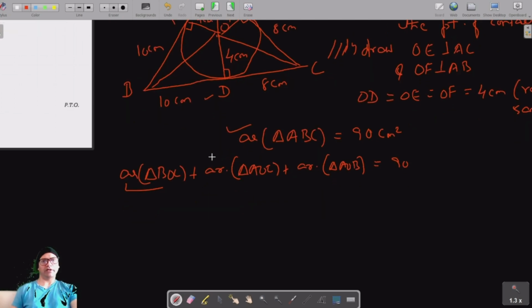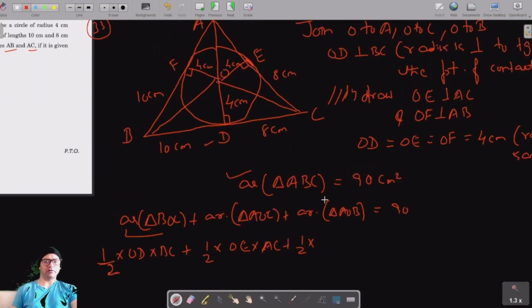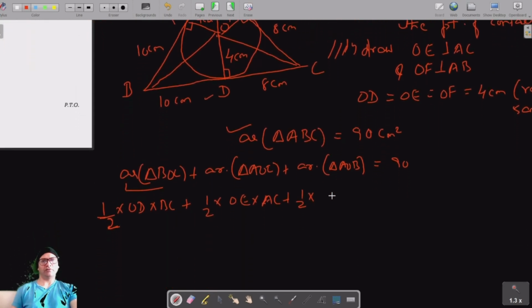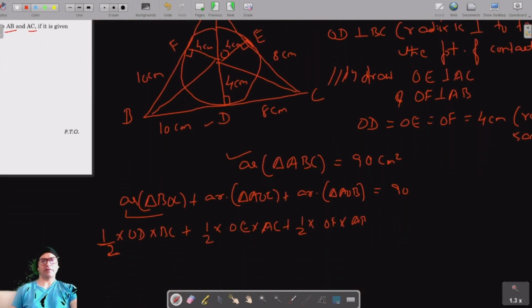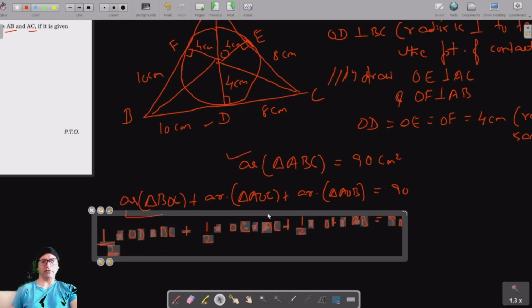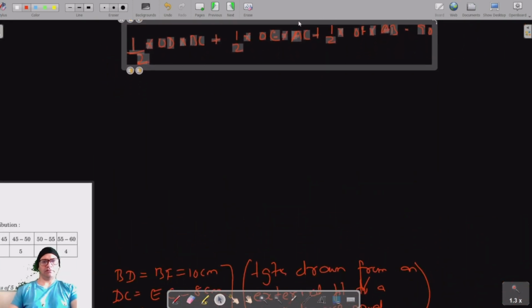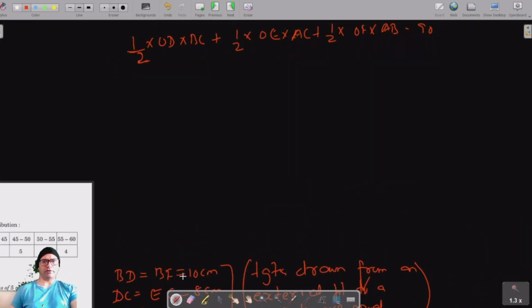Now, area of triangle BOC is half into OD into BC, and this is half into OE into AC, this is half into OF into AB, which is equal to 90. And now let's put in the respective values.